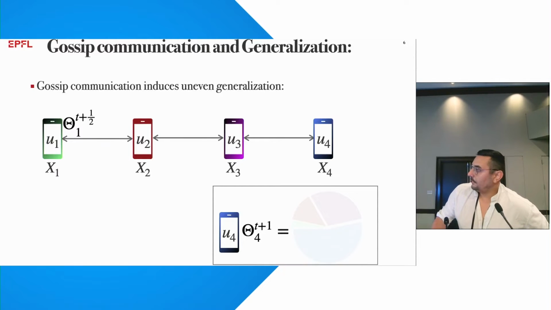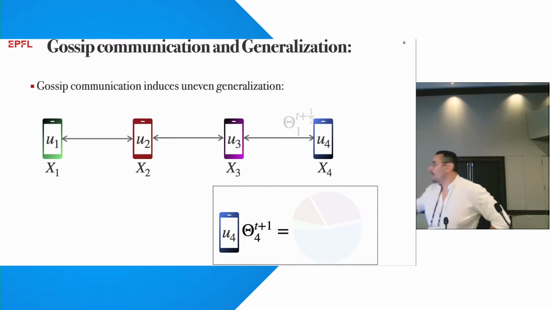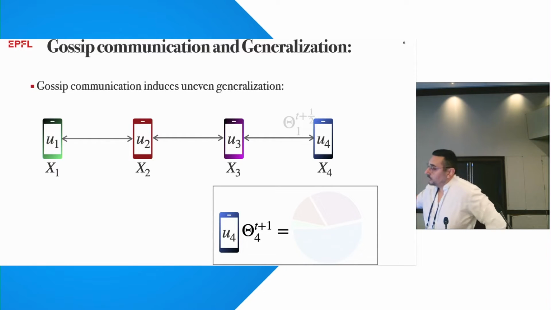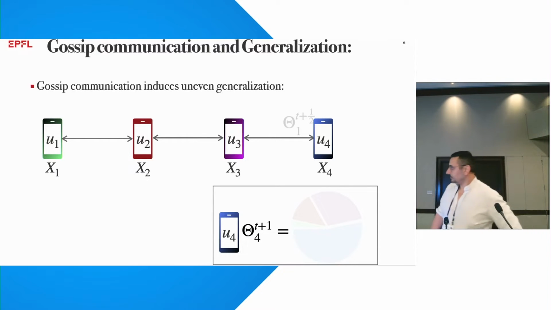So DL uses a gossip-based communication process, meaning that a model update, in order to fully propagate in the network, must pass through multiple nodes. And the issue is that every time a model update passes through a node, some of the information that the model update is carrying is destroyed because of the aggregation rule.